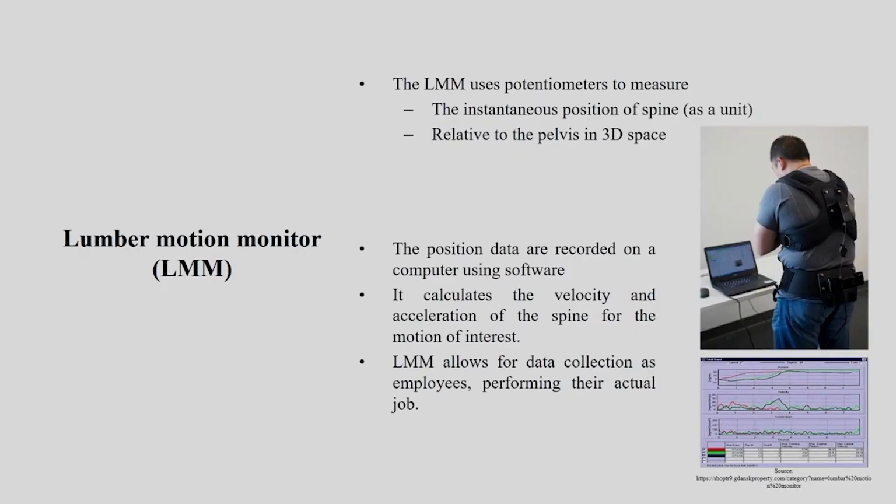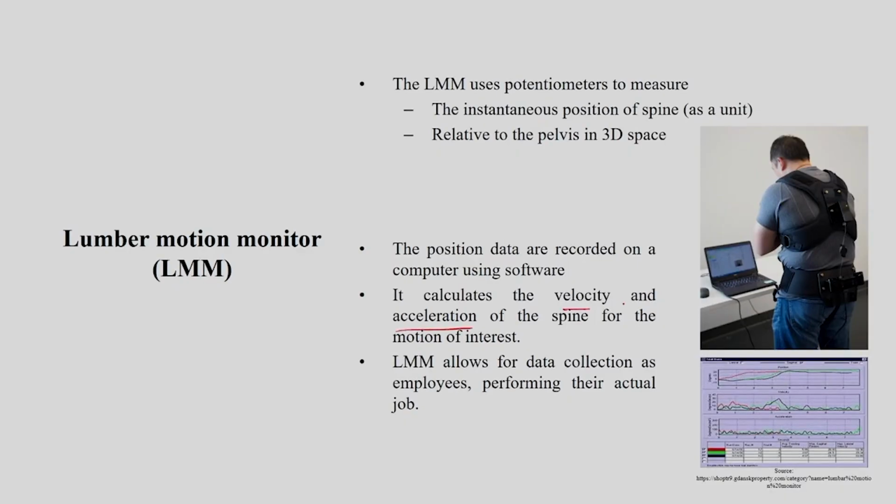You need to install that on your laptop and record. It calculates the velocity and acceleration of the spine for the motion of interest. So whichever motion you are going to record, for that particular motion acceleration and velocity will be measured.